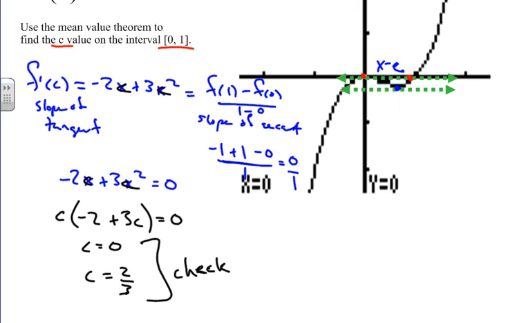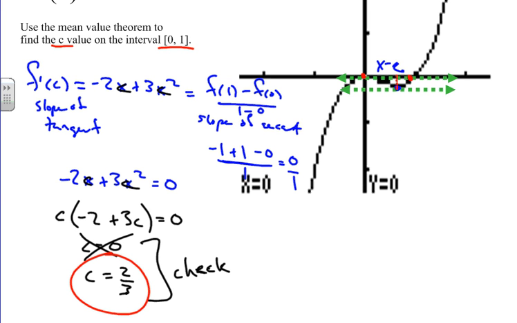Our open interval is between 0 and 1, so obviously 0 won't count because it's not an interior value. At 2/3, we verify that that does make sense. So yes, this is where we have that horizontal tangent, at C equaling 2/3.